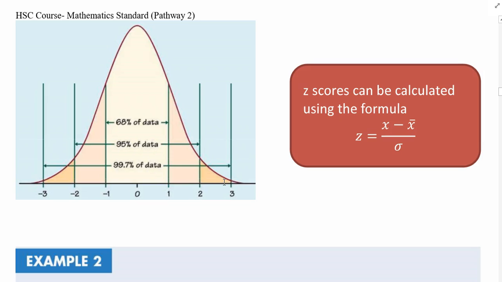So Z-scores aren't exactly whole numbers, and they're found using the formula. Take the score that you've got, subtract the mean, and divide it by the standard deviation. That gives you the number of standard deviations in that distance. Let's have a look at the example.